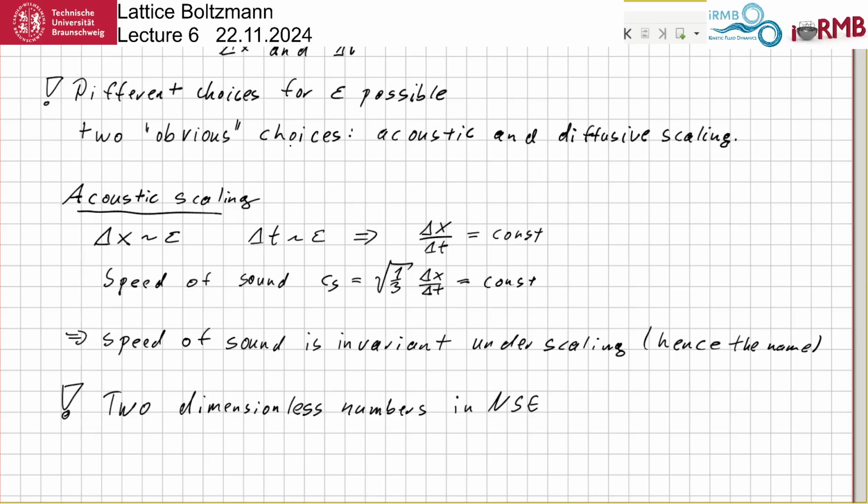Not Boltzmann, Navier-Stokes? Reynolds and Mach. So yeah, we have the Mach number.